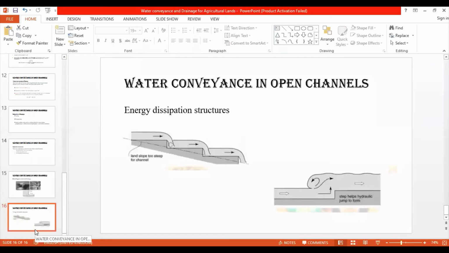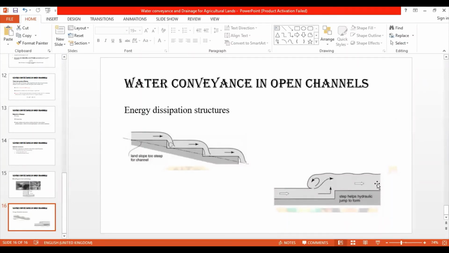But also, instead of putting step down structures, you can put step up structures. As the water is coming this side with a lot of energy, once it reaches this obstacle, some of the energy will be dissipated here, and as it goes this side, it will be a bit slower.